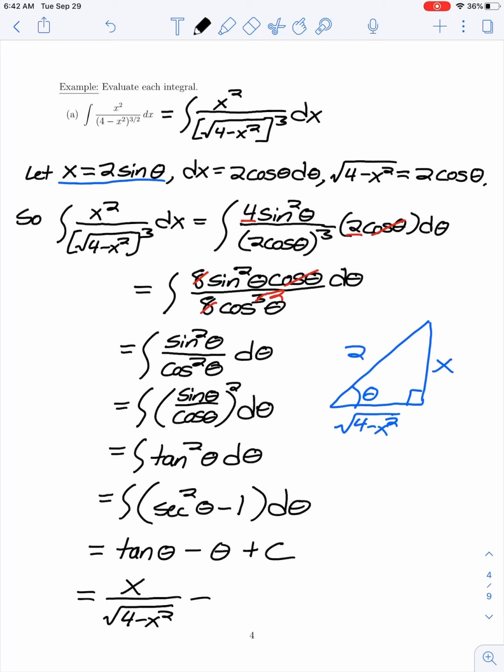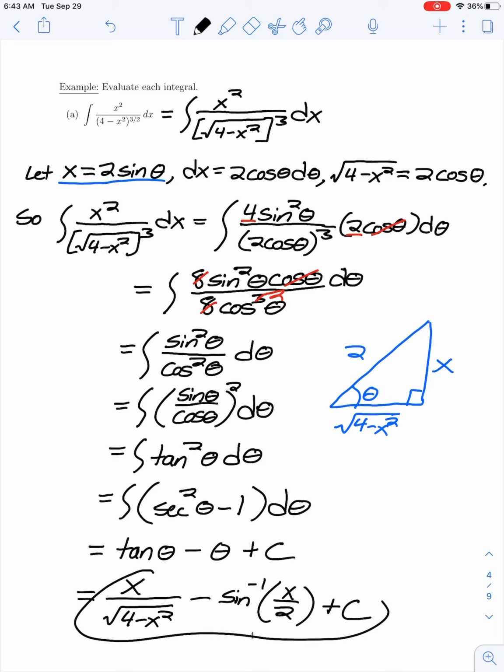Now to solve for theta, well, we can use our substitution directly. If we found that sine of theta is x over 2, then theta would be the arcsine of x over 2, plus our constant c. So we would have the following for the antiderivative of this function.